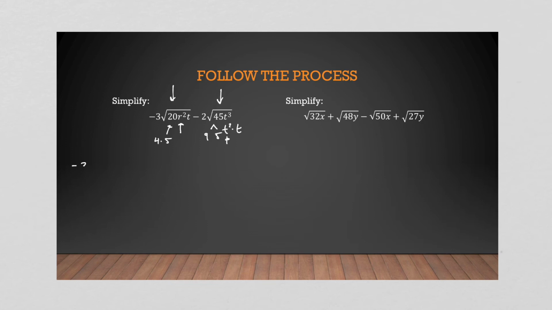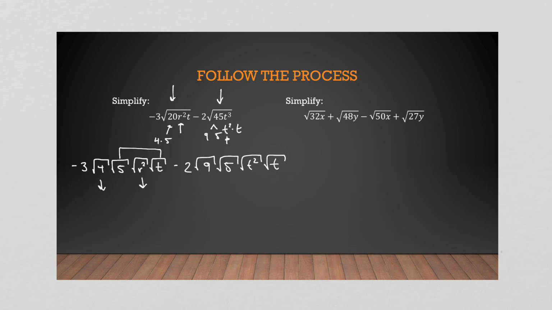So now root 3, I'm going to write this in different factors of perfect squares. Root 4 times root 5 times root r squared times root t, just to show you that everything underneath the root can be written as individual roots. Then minus 2 times root 9 times root 5 times root t squared times root t, just to show you the breakup of the t cubed, because now I have perfect square, perfect square.